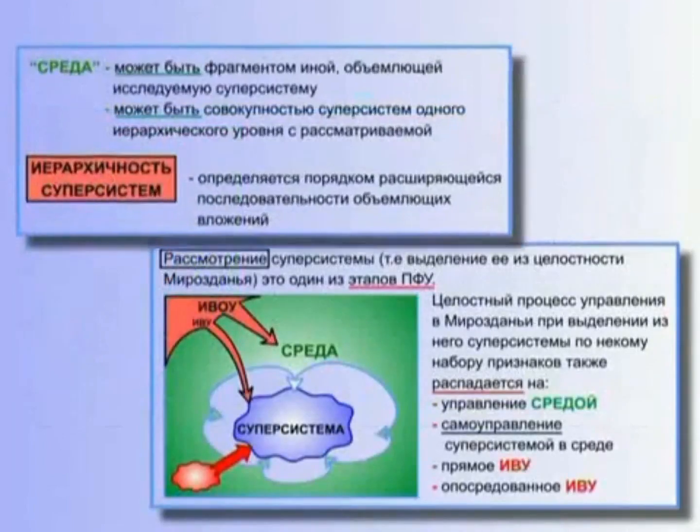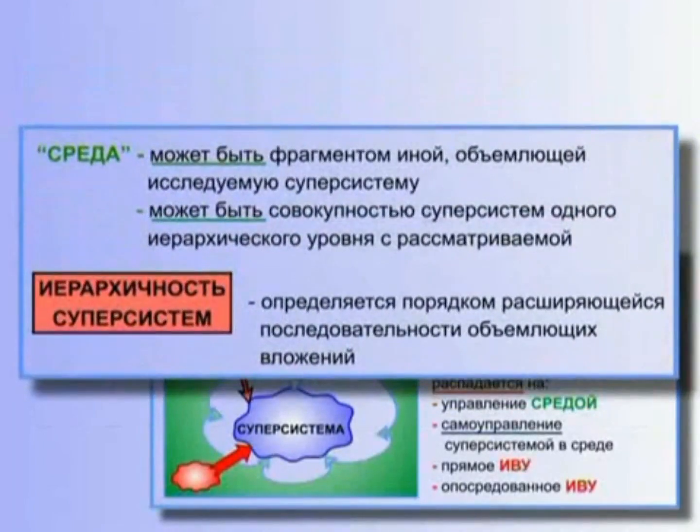Therefore, the environment can be a fragment of another encompassing the studied supersystem. It may be a combination of supersystems. And this hierarchy of supersystems is determined by the order such as of the expanding sequence of encompassing embeddings.